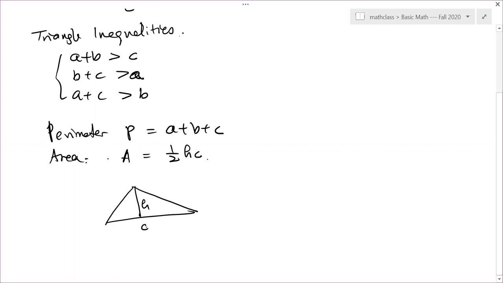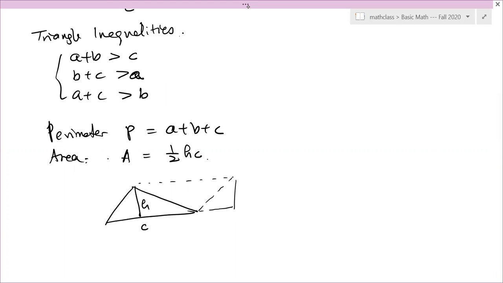H times C. I'm going to duplicate this triangle in this form and glue them together. So what you get is a parallelogram, and then I cut this portion of the triangle and move it here.